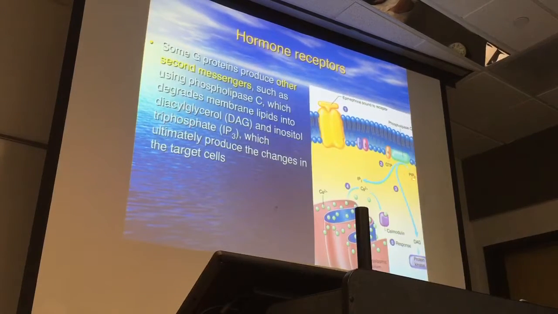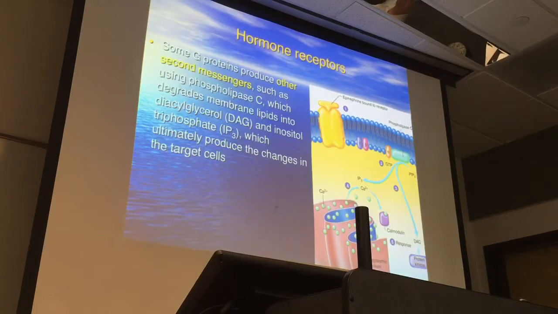So one of the phospholipids that's in the membrane is phosphoinositol diphosphate, something like that. And this is phospholipid, and that's the phospho, and that's the lipid part. So PIP2 is acted on by this phospholipase C and broken into 2 parts, IP3 and DAG.